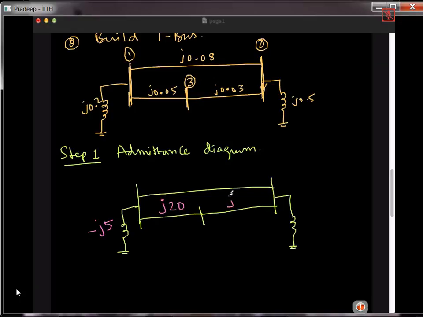And this will be J33.33, I believe. And then this one will be 1 divided by 0. Let me just quickly check that on my calculator.